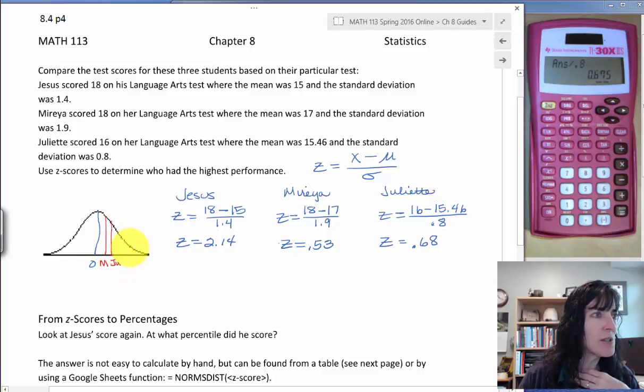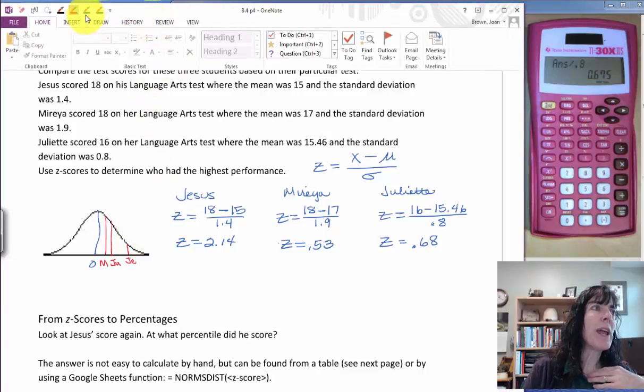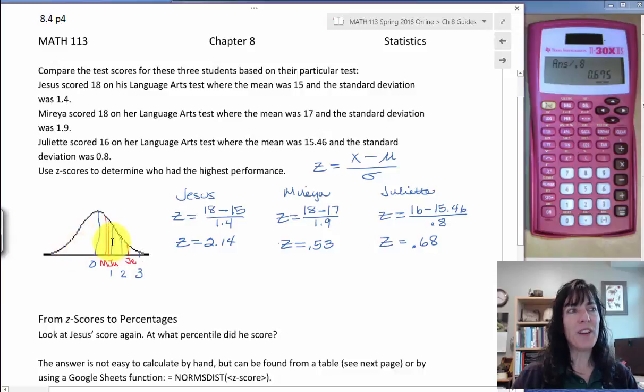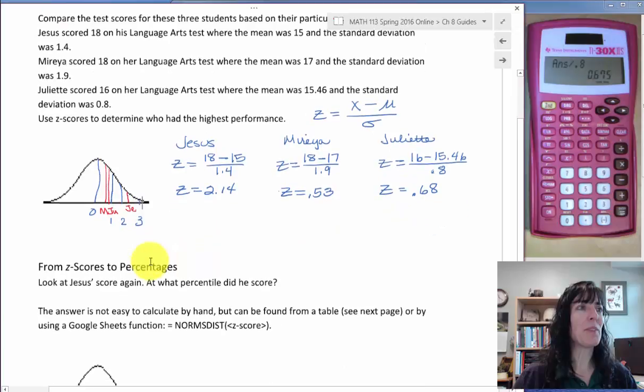And then Jesus is over here at 2.14, so we'll put JE there for Jesus. So he's way above, comparatively speaking. So there we are, 0.53, 0.68, and then way up here at 2.14. So Jesus comparatively did the very best.